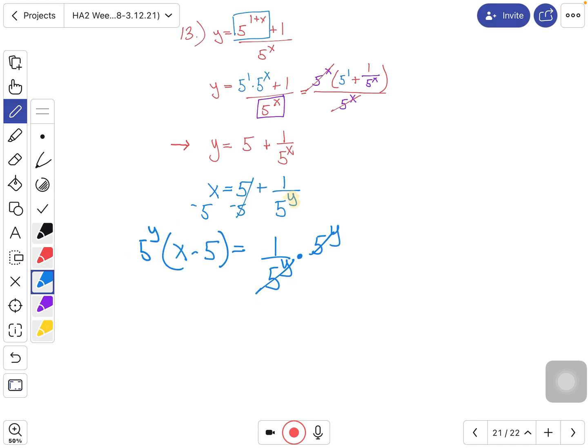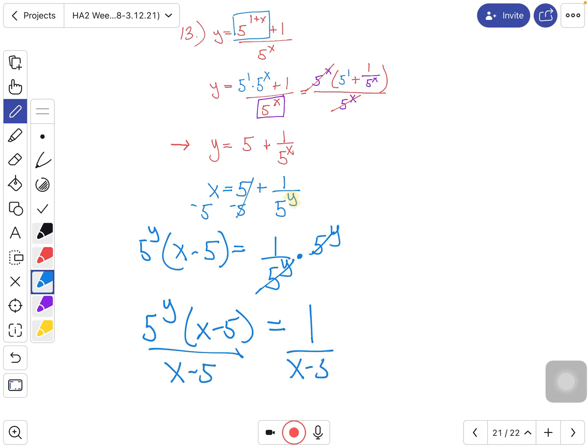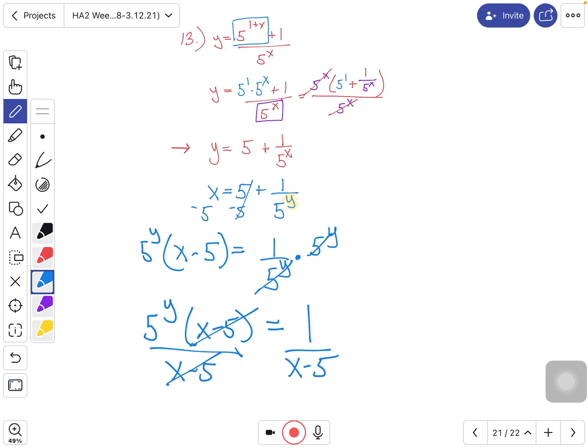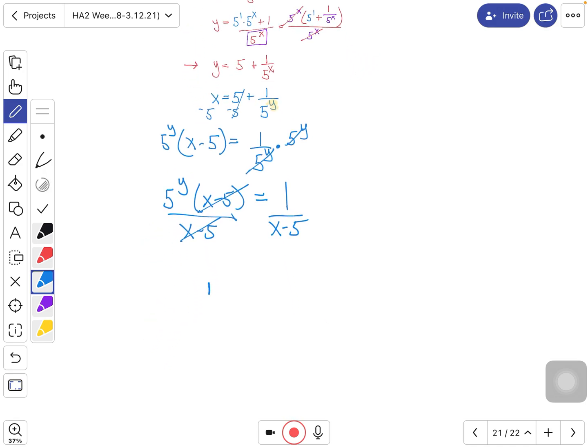And what I'll have there is 5 to the power of y times x minus 5 equals 1. And then I'm going to get rid of this x minus 5 here. Almost done. So I have 5 raised to the power of y equals 1 over x minus 5.